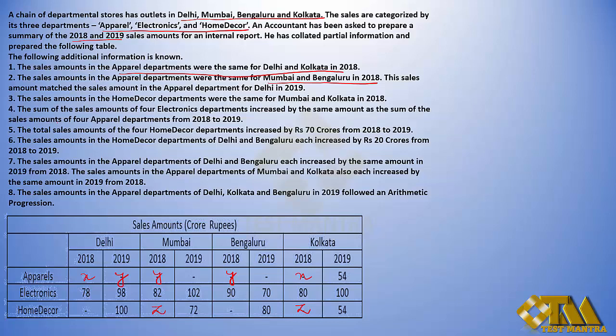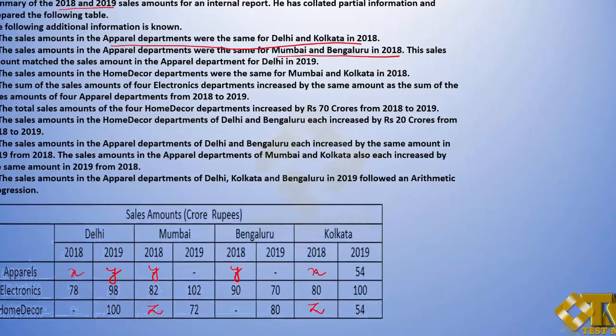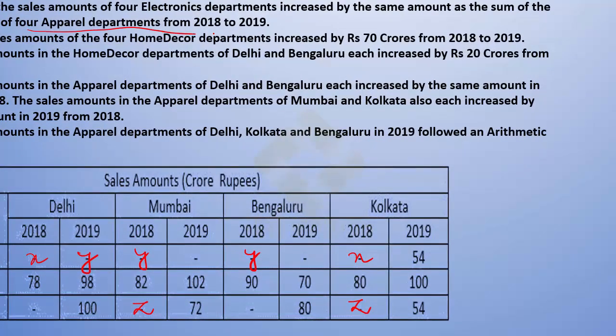Then next one, the sum of the sale amount of 4 electronic department increased by the same amount as the sum of the sale amount of 4 apparel department from 18 to 19. So from electronics, let's see from 18 to 19 how much is the increment. Here you can see the increment is 20, then here it's again 20, then here it's reduced by 20, and here it's increased by 20.